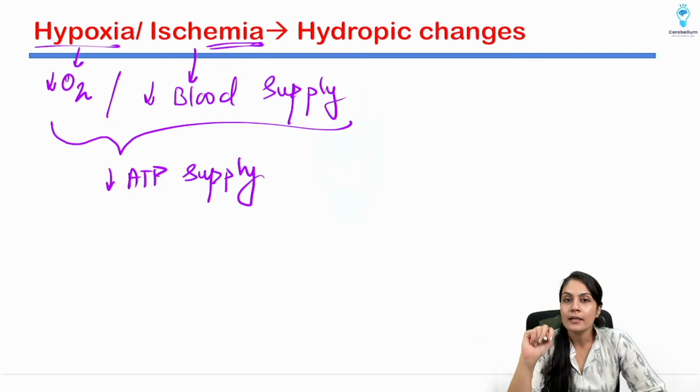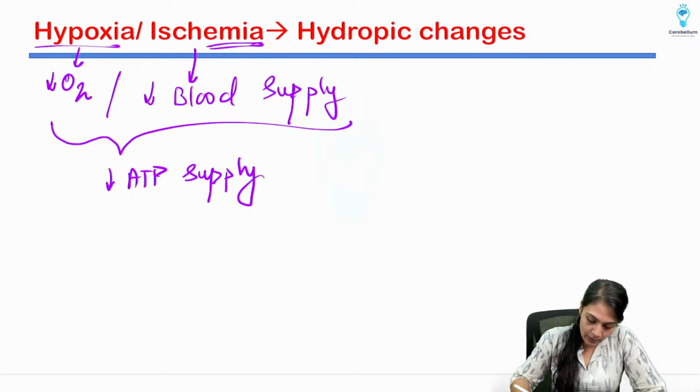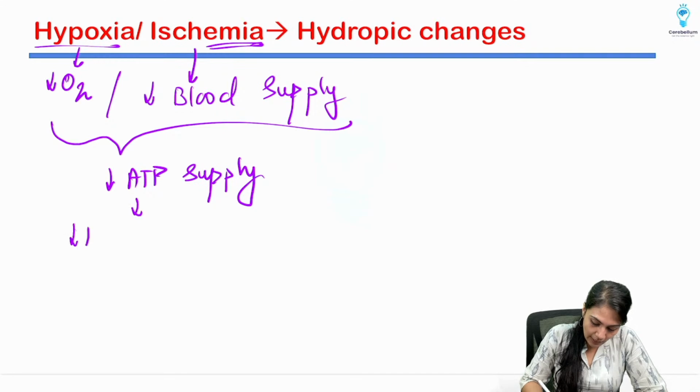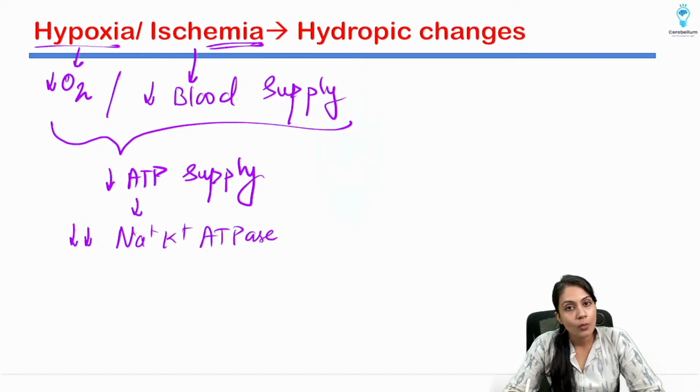If the ATP is decreased, will the sodium potassium ATPase be able to work? No, it won't be able to work properly. So the activity of the Na-K pump, that is sodium potassium ATPase, is going to decrease.